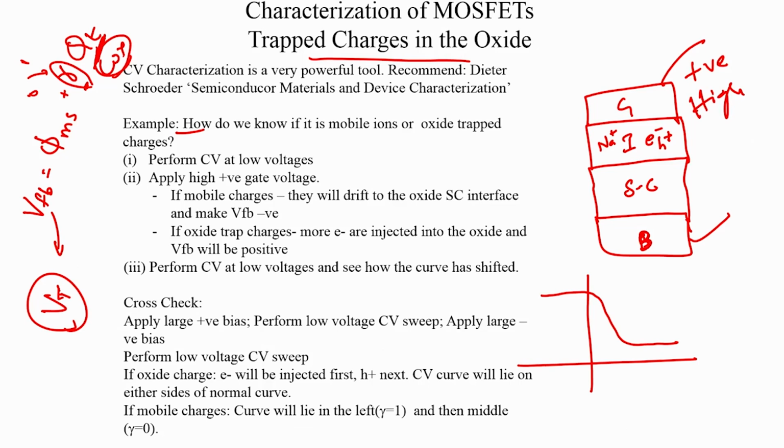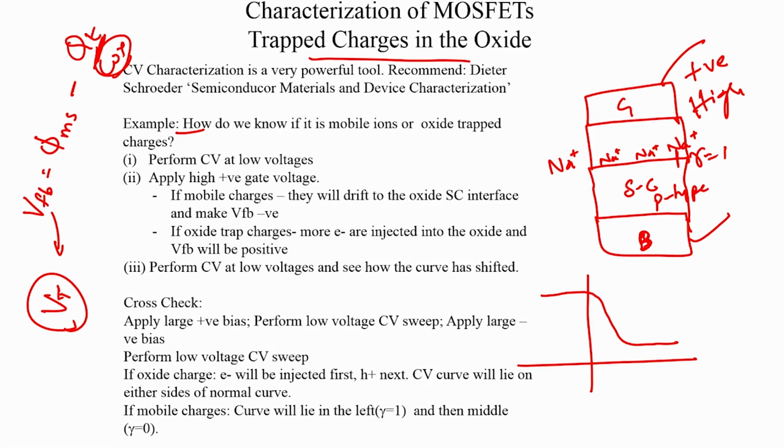If you apply a very high voltage, if there are mobile ions, all the mobile ions will drift towards the semiconductor insulator interface, that is they will all take up a value of gamma equal to 1. And if they all take up a value of gamma equal to 1, then the flat band voltage will be significantly influenced. Okay. And what would happen to the flat band voltage? Since these are all positive charges, it is as though without the application of a gate voltage we have already applied a gate voltage. Okay. So, we are talking about an NMOS device. So, this is a p type bulk.